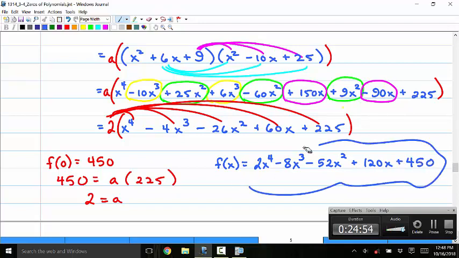That's my answer. That polynomial satisfies the condition f of 0 equals 450, it has two zeros, both with multiplicities 2, and the two zeros are -3 and 5.